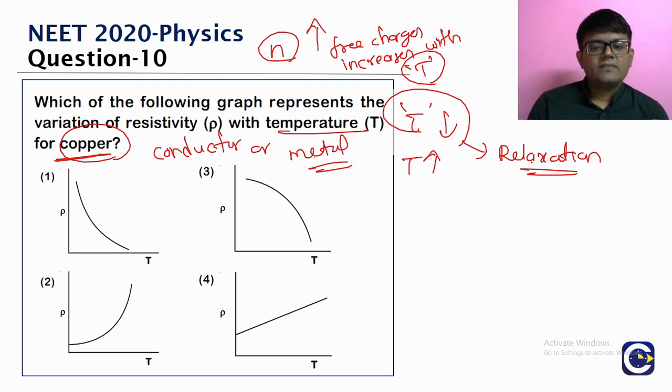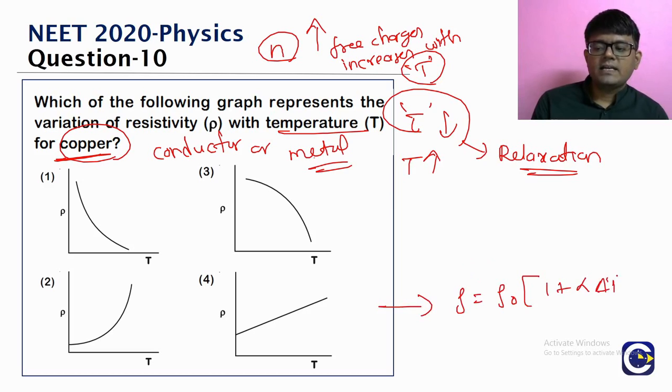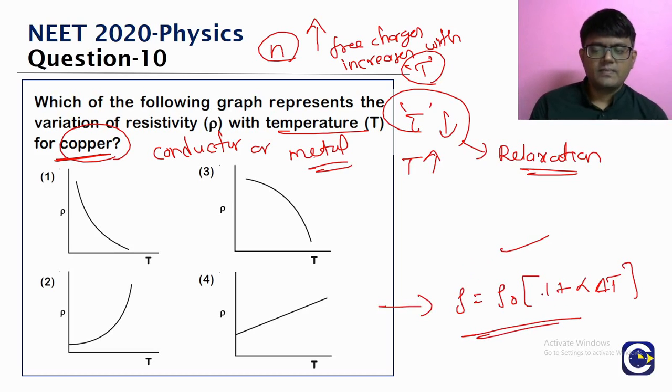So we have to conclude which of the graphs will represent this. When we talk about the resistivity variation with temperature, normally we say rho is equal to rho naught into (1 plus alpha delta T). Like that we indicate the change of rho with respect to temperature. Here alpha is called the temperature coefficient of resistivity, and we generally take it as a constant.